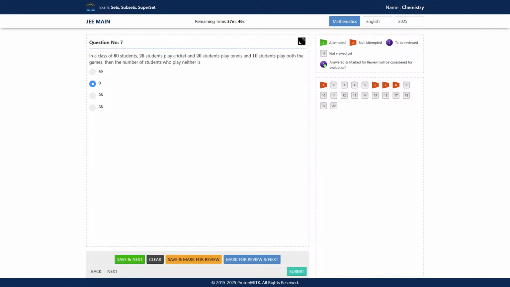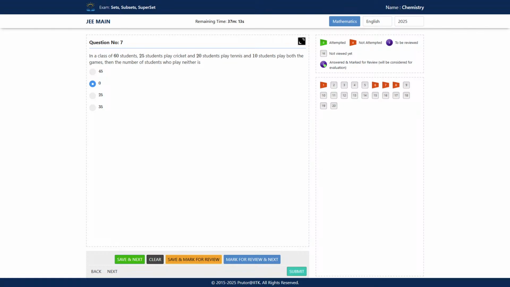So starting with this, clear? Solve with me. So a simple question. Here we are going to see problems only related to the theory we have discussed so far. This question is related to the Venn diagram.